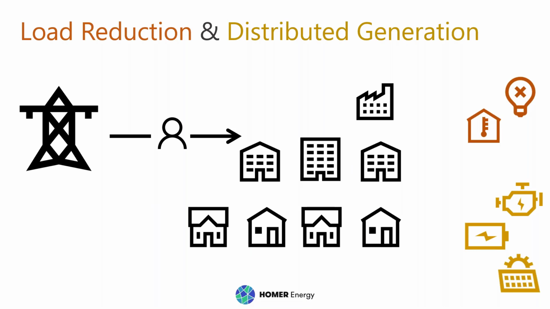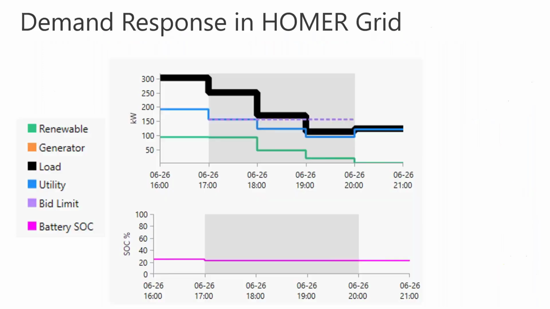You can consider turning off the non-critical load to model load reduction, which would be just like turning off your AC units during the event. And HOMER has the ability to consider dispatching your batteries or generator in order to meet the critical load and avoid grid purchases during the DR event for that non-critical load.